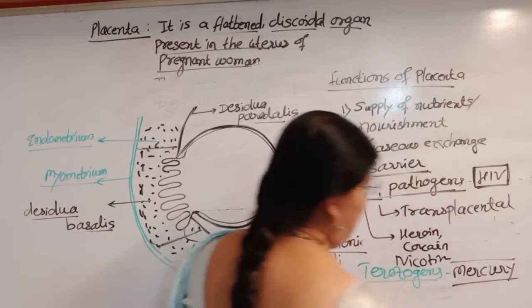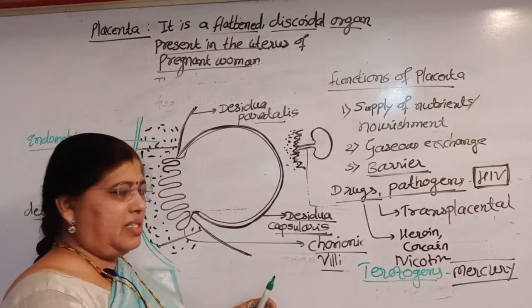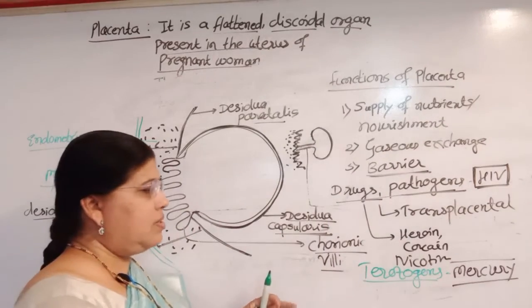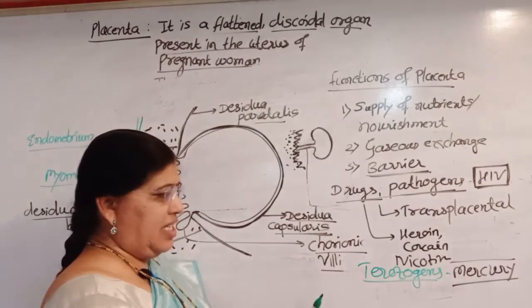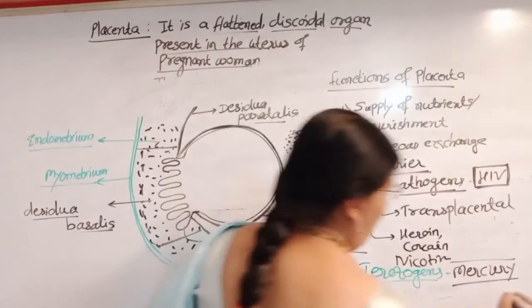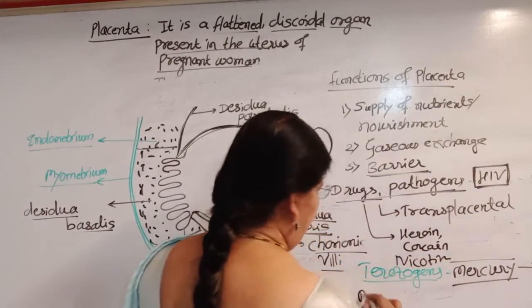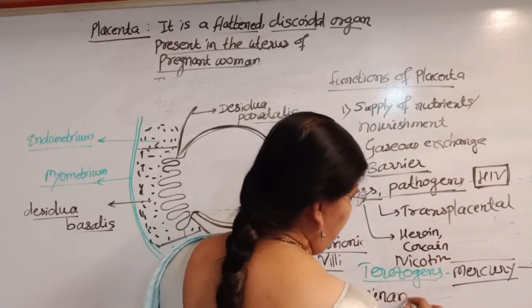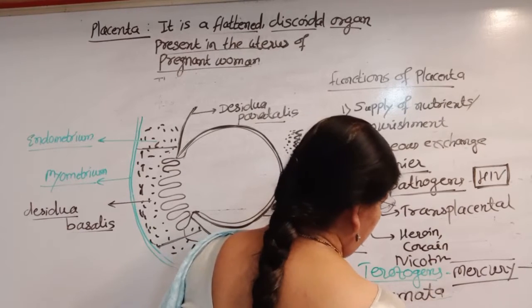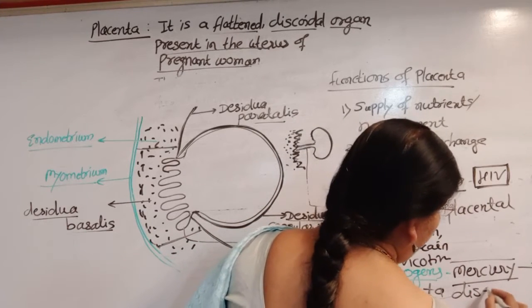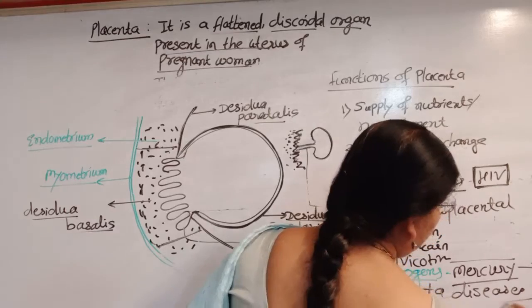Mercury is a heavy metal, and it crossed the placenta and caused Minamata disease.